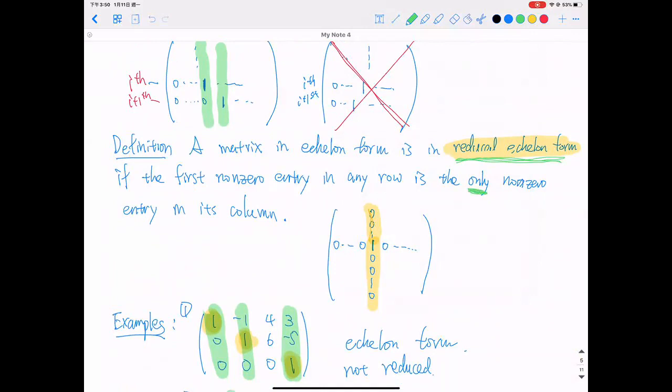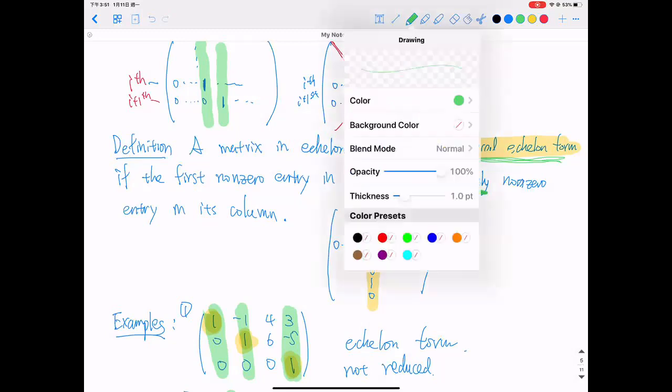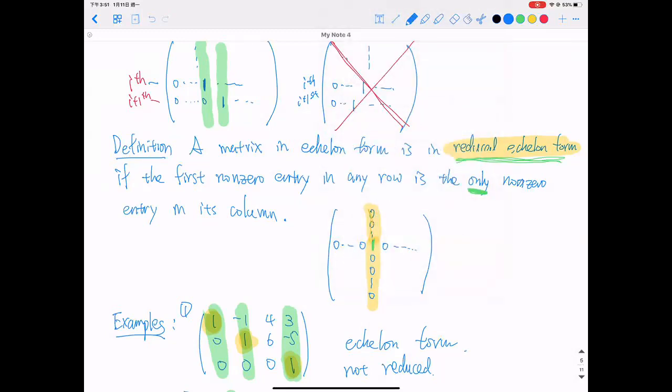So the condition being imposed is this only condition: this 1 here sits in this column and is the only non-zero entry. Okay, and we've seen examples.